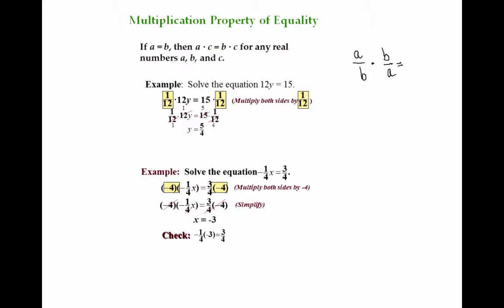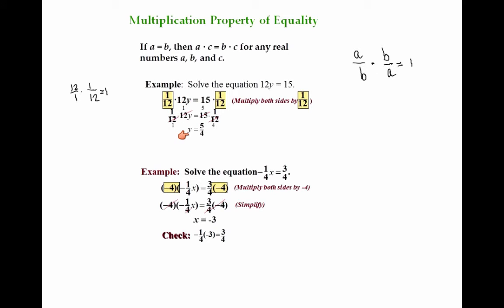Now, when I multiply a number times its reciprocal, you notice that I get 1 as a result. So in this case, the coefficient is 12, or 12 over 1. Its reciprocal is 1 over 12. If I multiply any number times its reciprocal, I get 1 as a result. So there I have it.